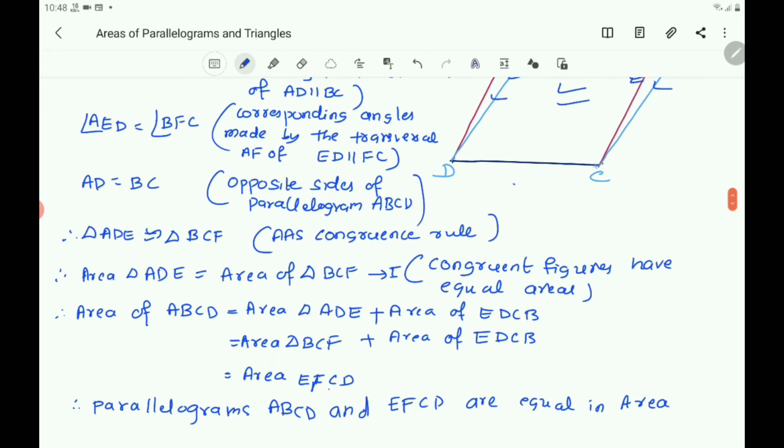That you got the proof. Parallelograms ABCD and EFCD are equal in area.